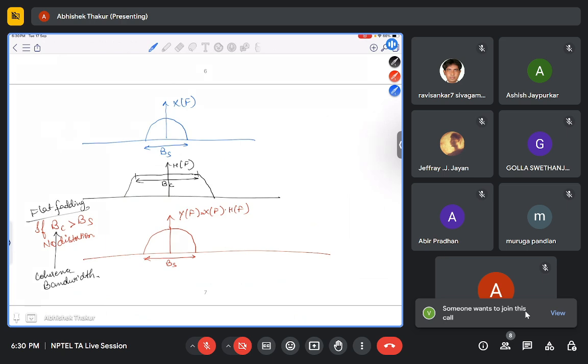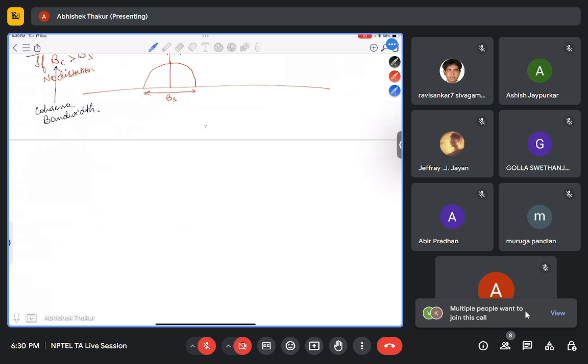But what if the bandwidth of the channel is less than the bandwidth of the symbol? Let's suppose x(t) is transmitted through a channel and y(t) is the received signal. So y(t) is just x(t) convolved with h(t). In the frequency domain, convolution in the time domain changes to multiplication in the frequency domain, so we can write this.